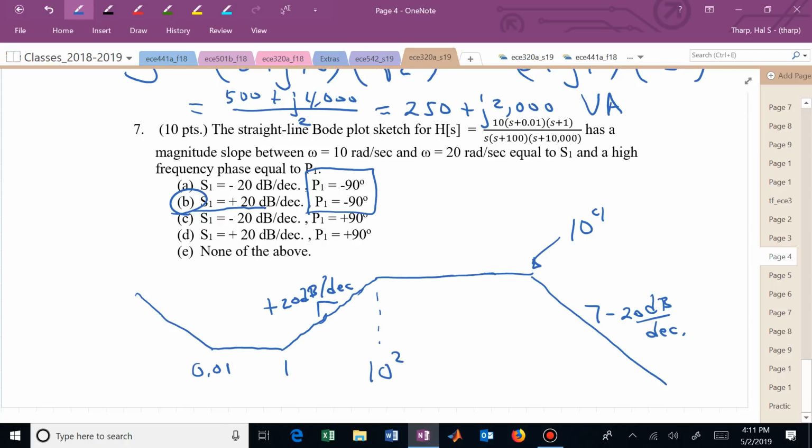We knew it had to be A or B, and now we found that between 10 and 100, we were going up at 20 dB per decade, just from a quick break perspective on our Bode plot. And voila, that gives us a plus 20 dB per decade slope, because what's active at that point is the pole at the origin and the two zeros. And effectively then they're going up at 20 dB per decade.